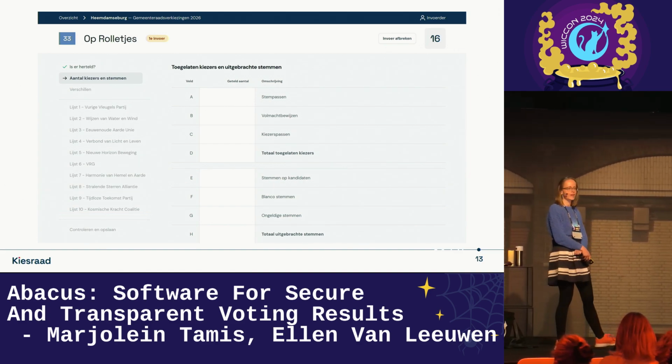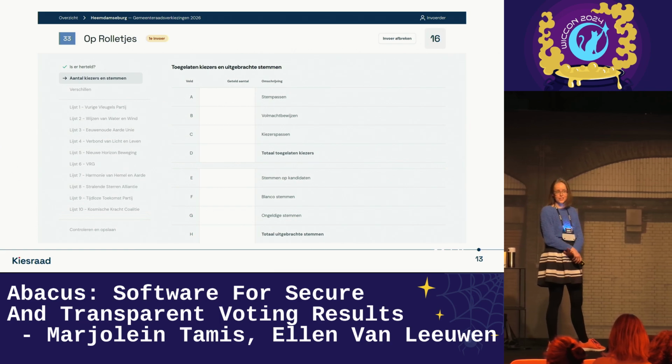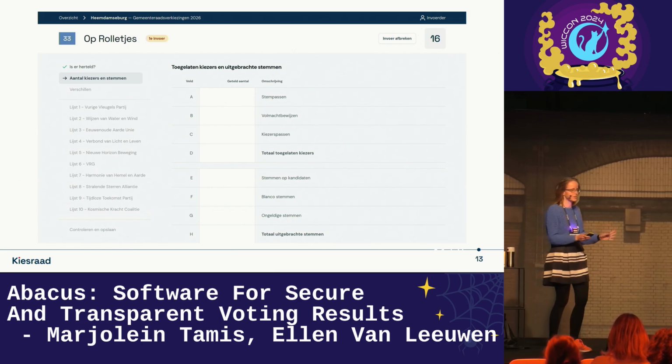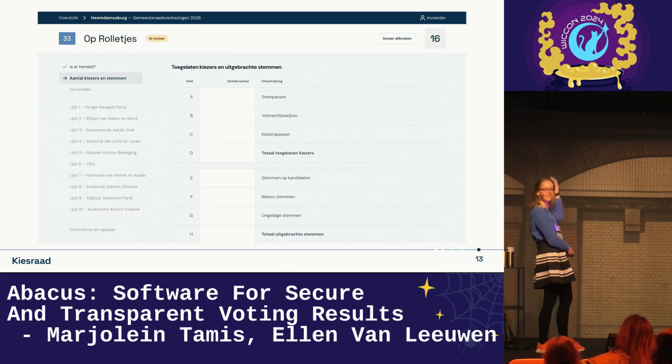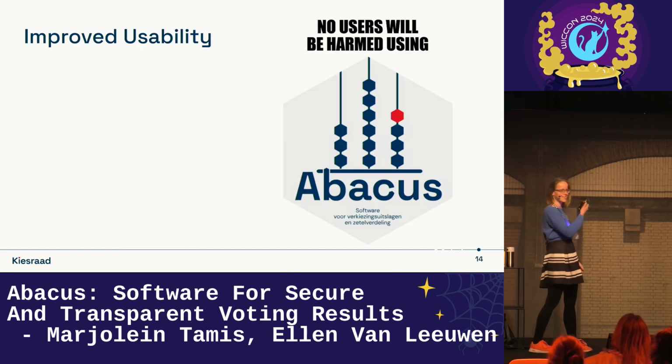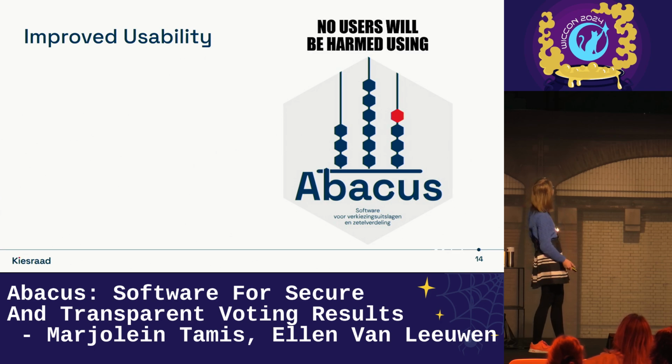So we started developing this new software this year, basically half a year ago. And this is so far what one of our data entry pages looks like. And as you can see, there is a nice navigation style section on the side. And that's where our improved usability comes in.